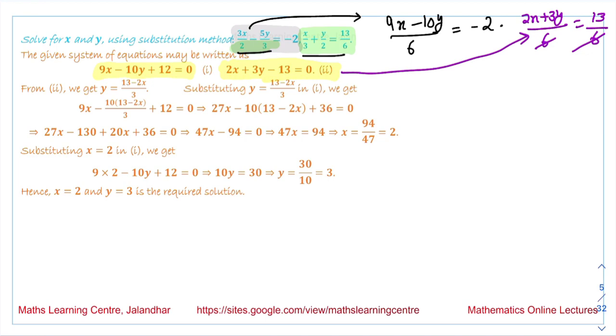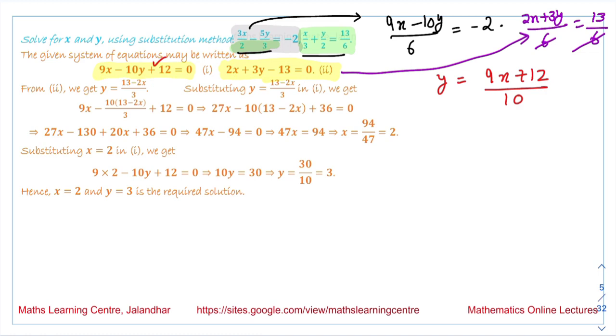Now from this first equation, if we calculate the value of y, what we get is y is equal to 9x plus 12 over 10. This is the value of y that we obtain.